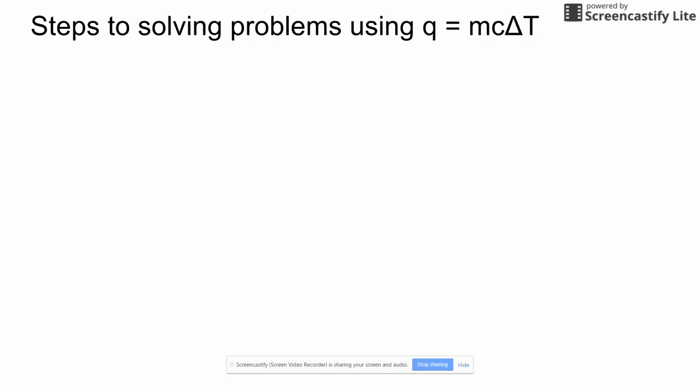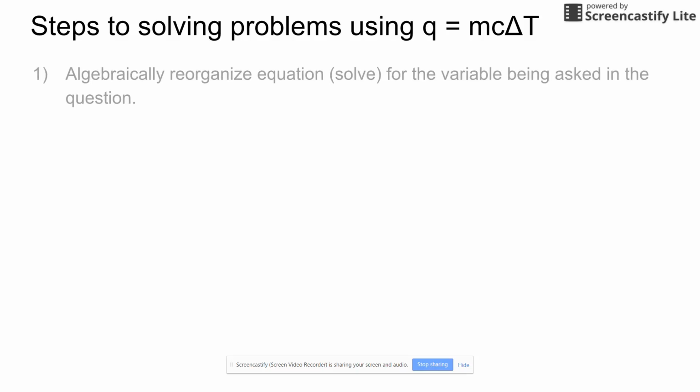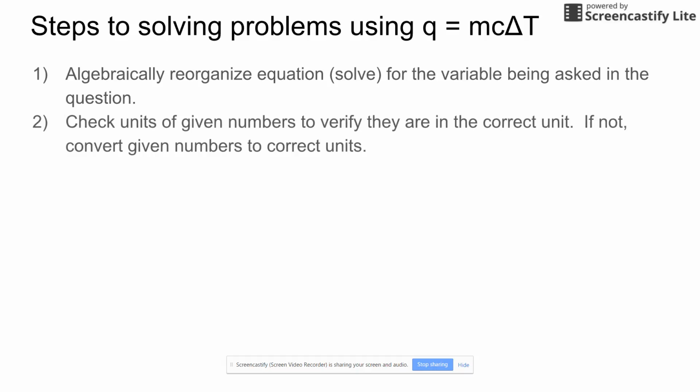Let's go through some steps. If you're ever at a loss, here are the steps you will follow. Step 1 is to algebraically reorganize the equation for the variable being asked in the question. You'll be asked for one variable and you have to rearrange the equation. Then check the units of each given number to verify that they are correct. If not, you're going to have to convert the units. So if I give you Fahrenheit, you have to switch it to Celsius, for example.